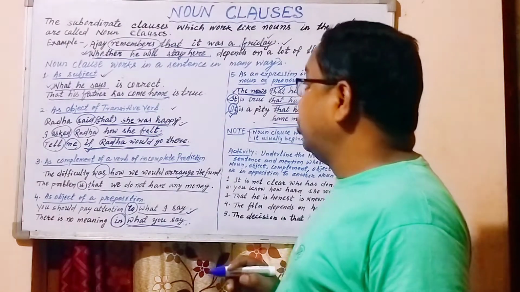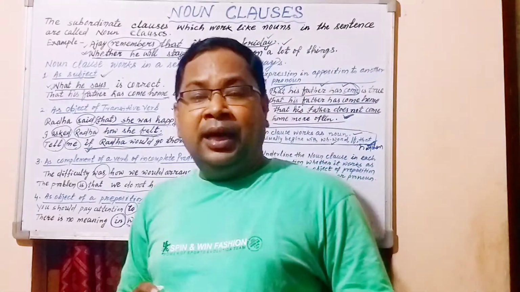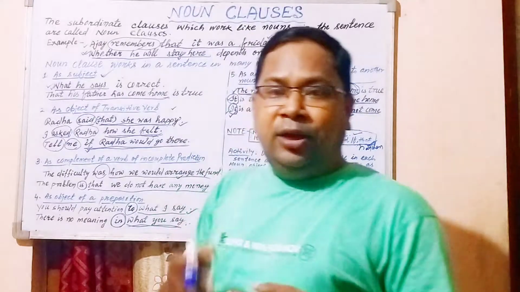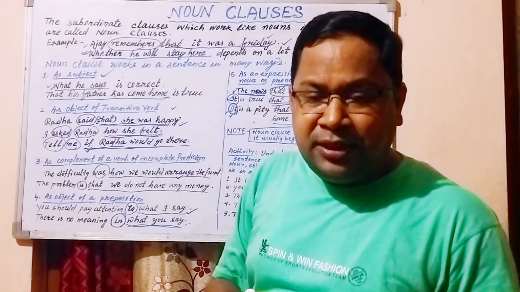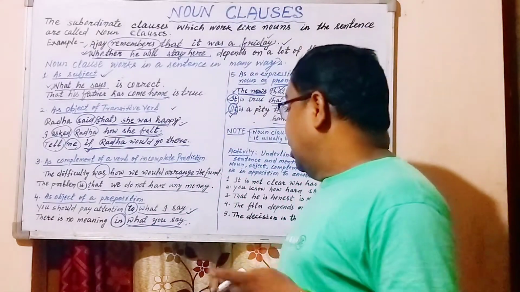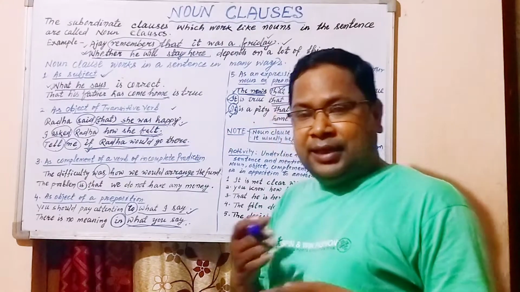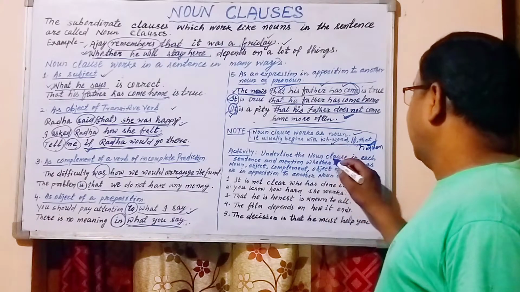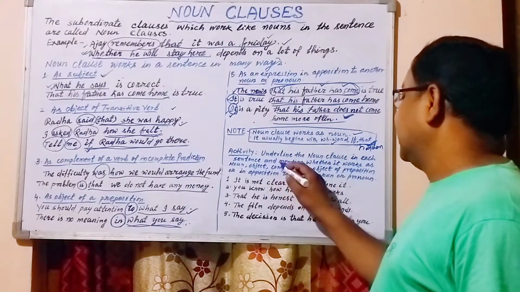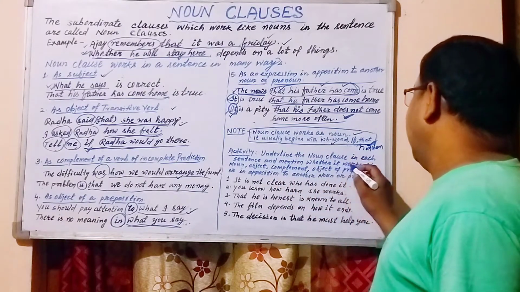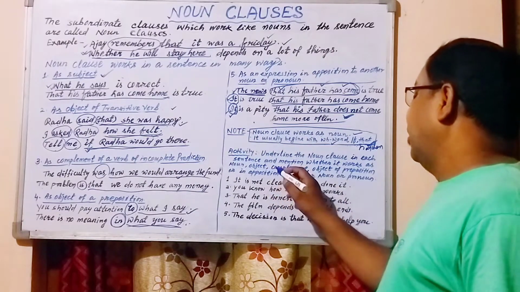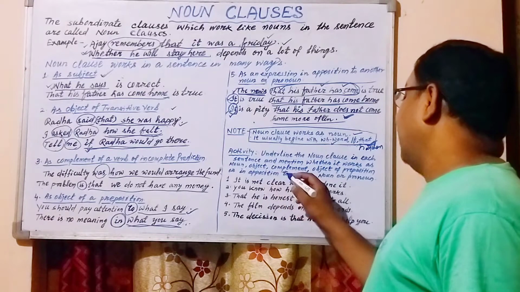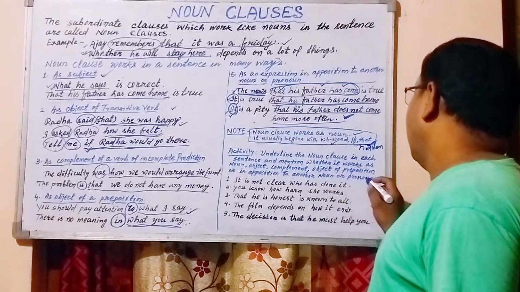This is all about noun clauses. I think you must have got it clear. So I will assign you some activities. In the activity, you will have to answer the questions. You see here, underline the noun clause in each sentence and mention whether it works as subject, object, complement, object of preposition, or in opposition to another noun or pronoun.